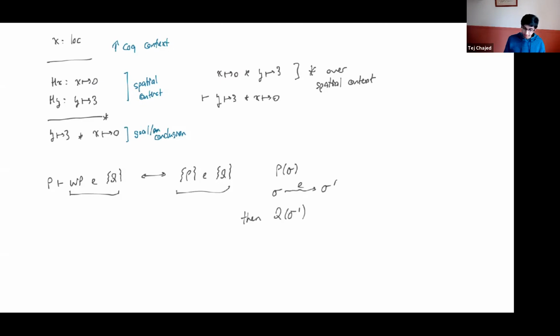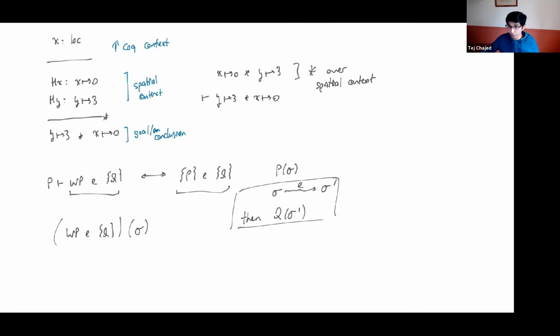WP of E and Q is like this, but it's a property of a state that says when WP of E and Q holds in some state, then the rest of this figure is true. If that was confusing, again, just remember to translate to Hoare triples in this way. Whatever we're assuming implies this Hoare triple.